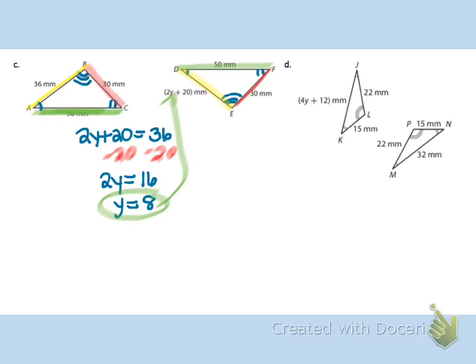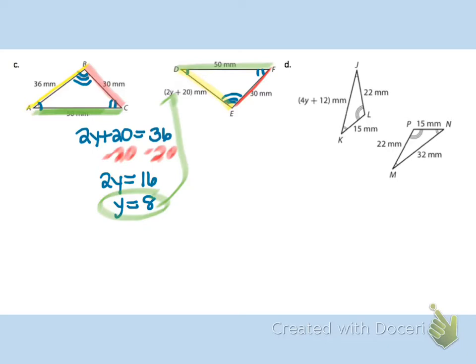Okay, so here's one for you to try. So take a look at and make sure that all the parts, you can match up all 5 pair of parts that are actually given as congruent, and then see what value of the variable y would make it so that final pair of parts would be congruent and the triangles congruent.